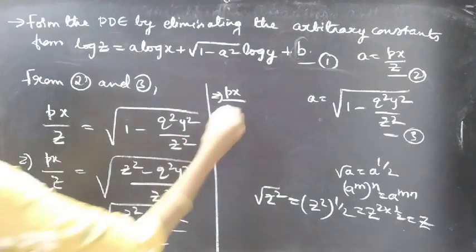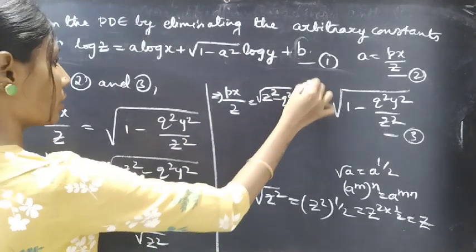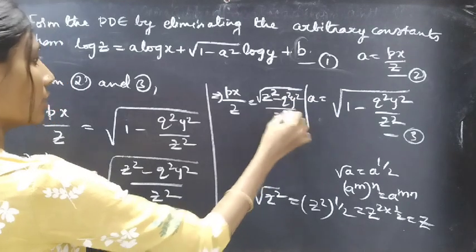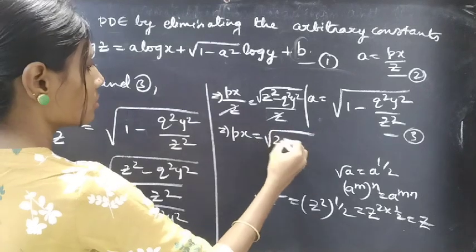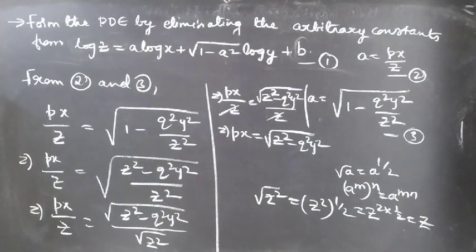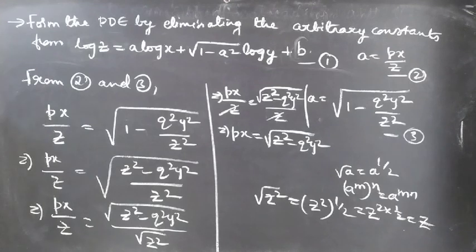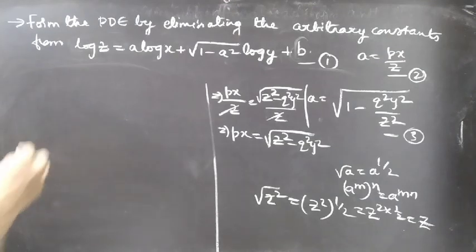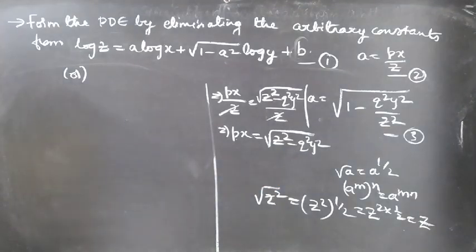Now this becomes px by z equal to square root of z square minus q square y square by z. These z's get cancelled and you'll get px equal to square root of z square minus q square y square, right?